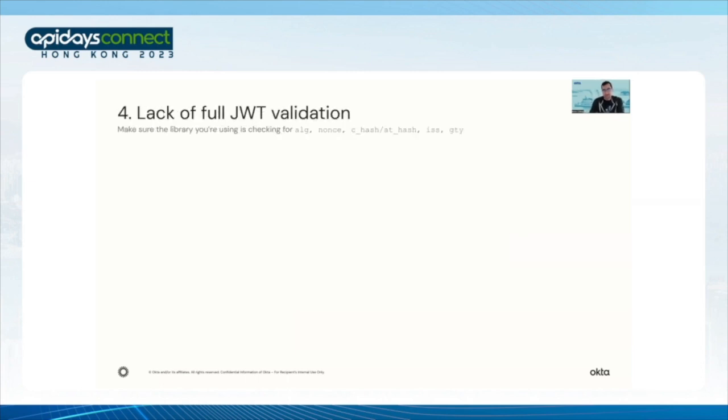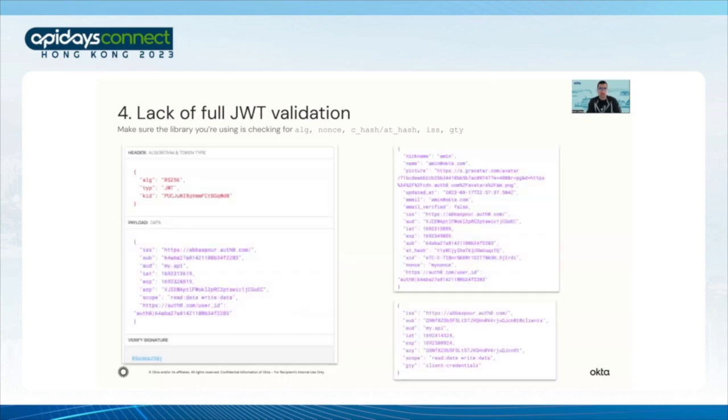Lack of full JWT validation. If your artifacts are JWTs and you want to validate them, I have seen libraries that are not checking all the claims that they should be. Like, I have a typical access token on my left, ID token on my right, and another access token in the bottom right, and you can see the things that I've seen: some libraries don't check for algorithms, they accept none as an algorithm, avoid them.